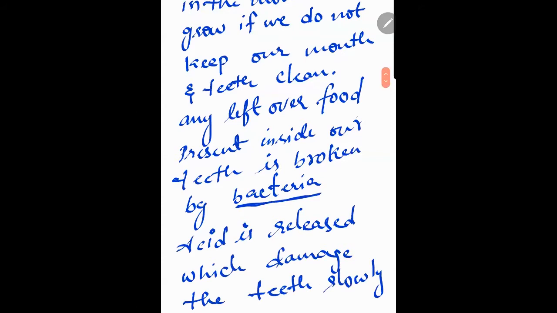It is not a very fast process; it will not be damaged within two or three days. It will take a very long time. Once that happens, what is meant by tooth decay? When you eat chocolate, you get tooth pain, or the enamel is completely eroded or removed by bacterial activity.